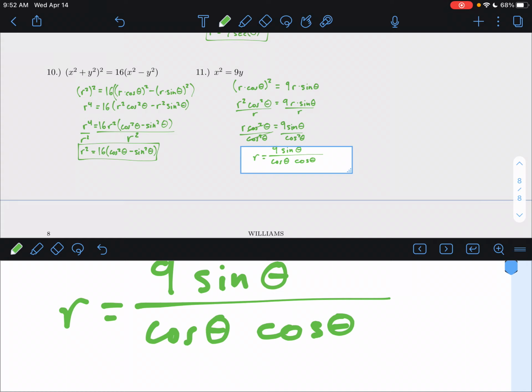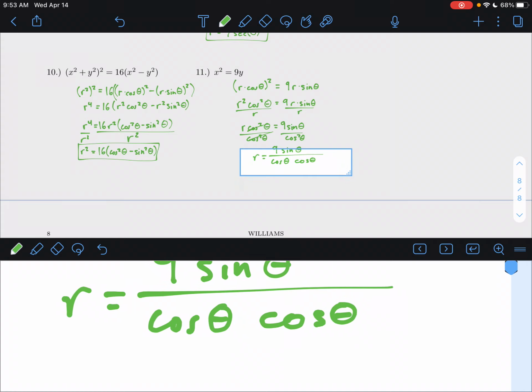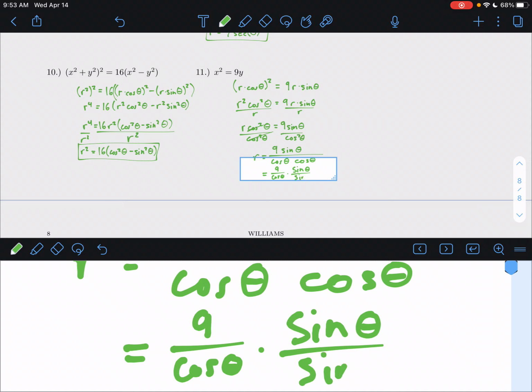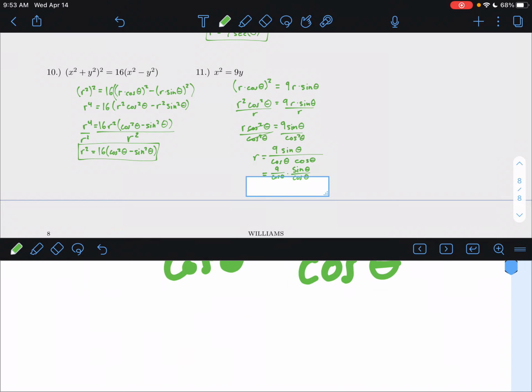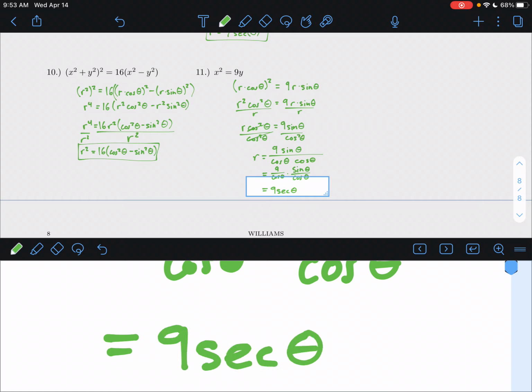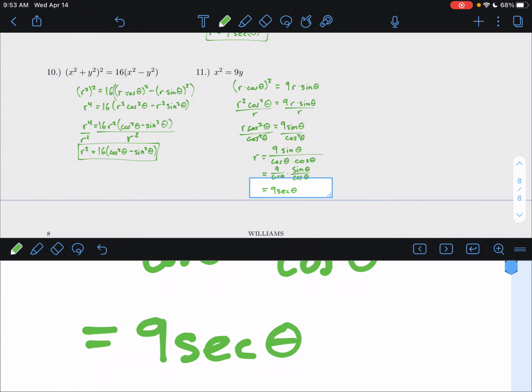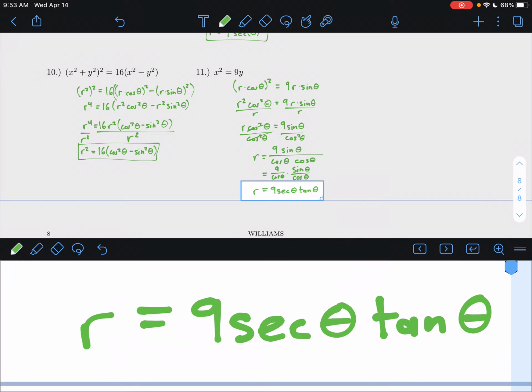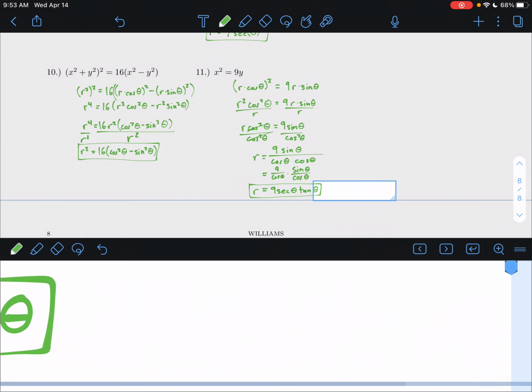So I have 9 over the cosine of theta times sine of theta over cosine of theta. 9 over the cosine of theta is 9 times the secant of theta, because 1 over the cosine is the secant, and the sine over the cosine is the tangent of theta. So I have r equals 9 times the secant of theta times the tangent of theta.